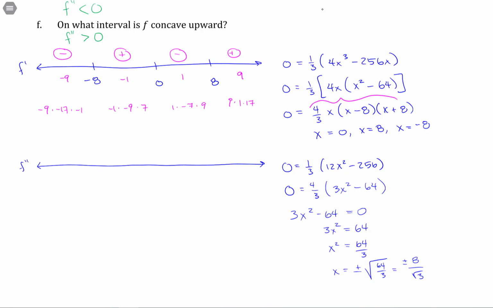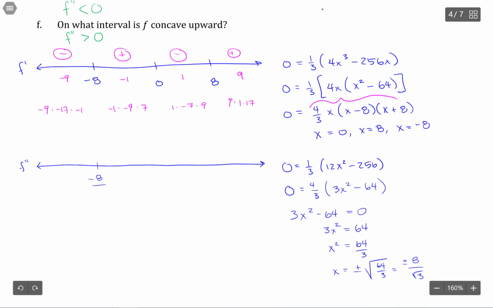And that's because when you take the square root of a fraction, you can take the square root of the numerator and denominator separately. So the square root of 64 is 8, and then the square root of 3 is just square root of 3 because it's not a perfect square. And it's perfectly okay in calculus to leave a denominator with a radical. You can rationalize if you like, but there's really no need.